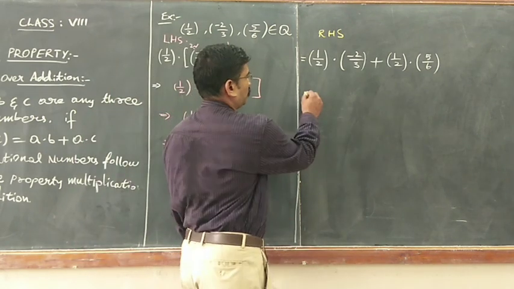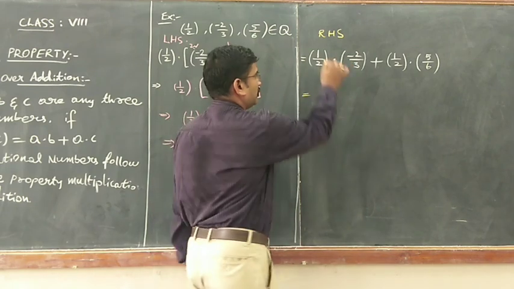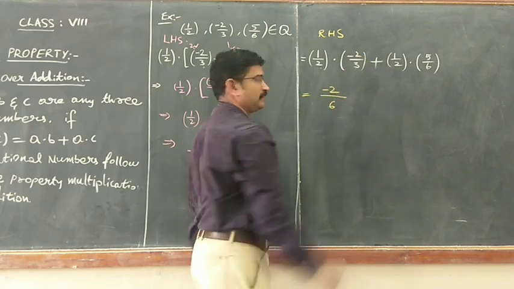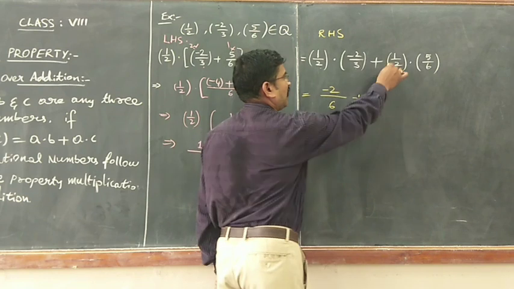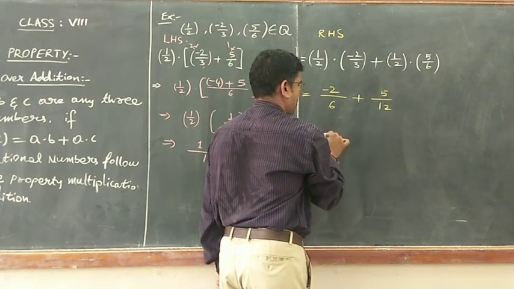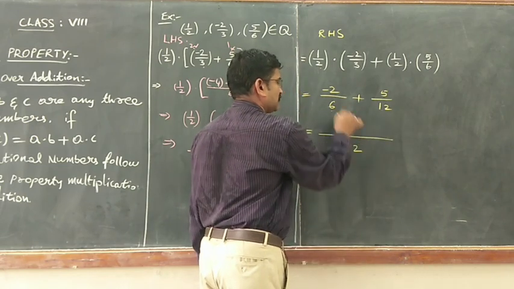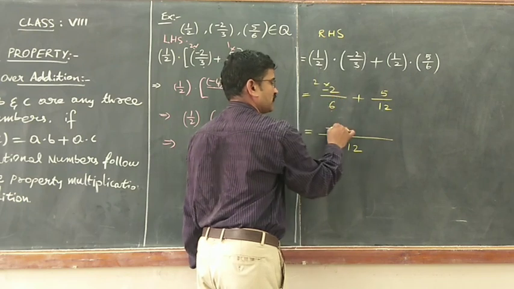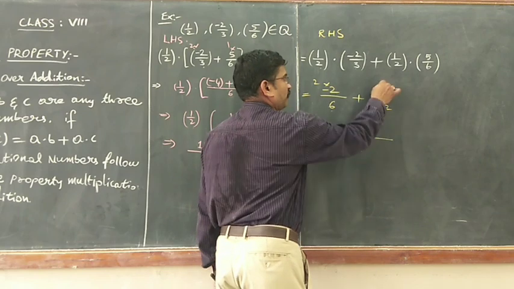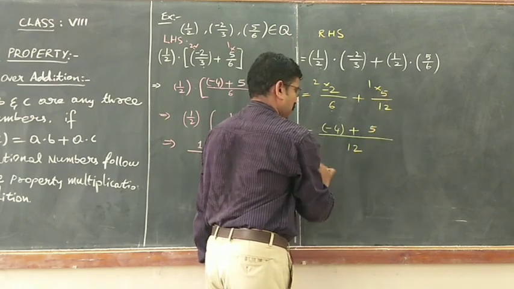Next, here half multiplied to minus 2 by 3, minus 2 ones are minus 2 upon 2 threes are 6, plus half multiplied to 5 by 6, 5 ones are 5, 2 sixes are 12. LCM of 6 and 12 is 12; 6 in 12 are twice, so 2 times minus 2 is minus 4, added to 5.